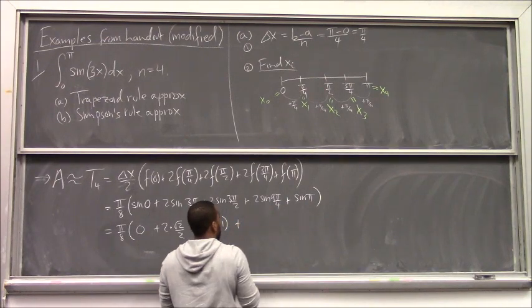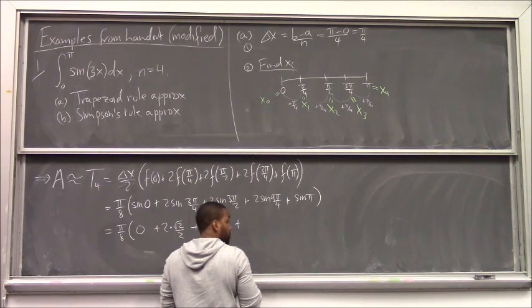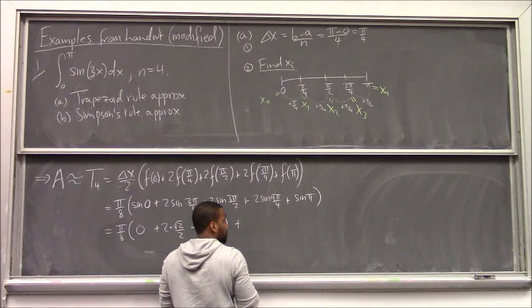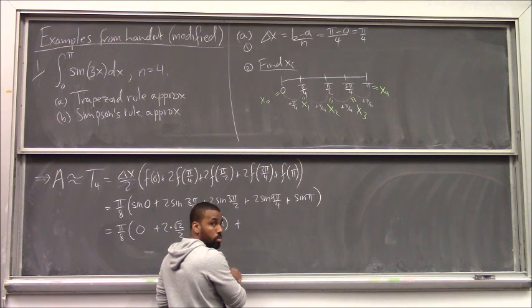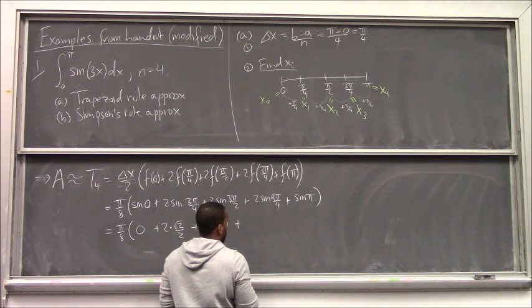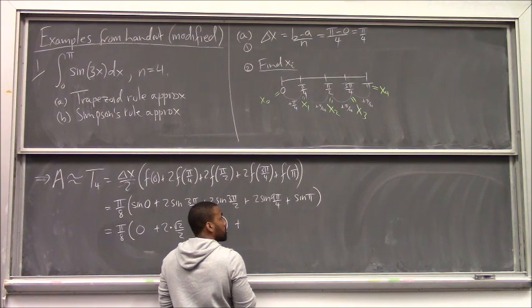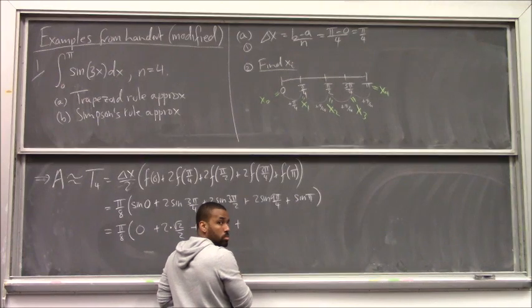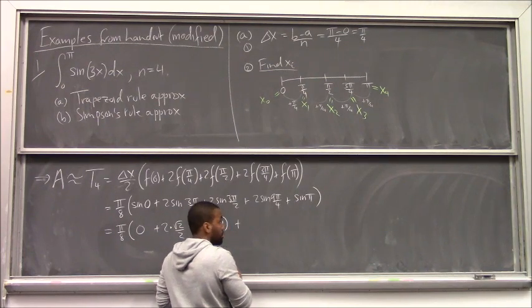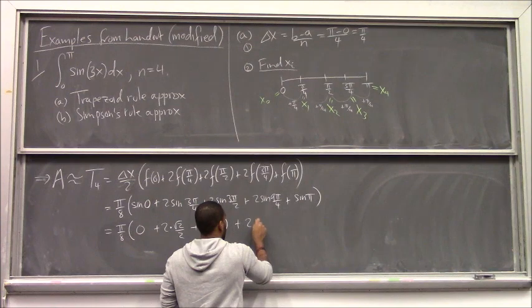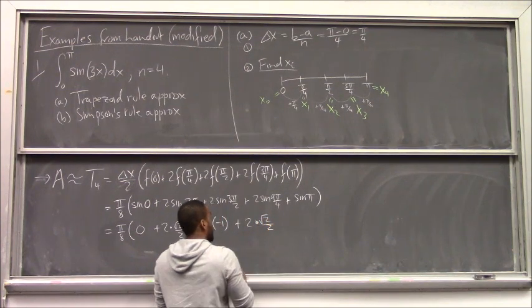Sine of 9 pi over 4, is it negative? What quadrant is 9 pi over 4 in? Oh, I thought the rotation was plus a pi. It's root 2 over 2. 9 pi over 4 is in the first quadrant.